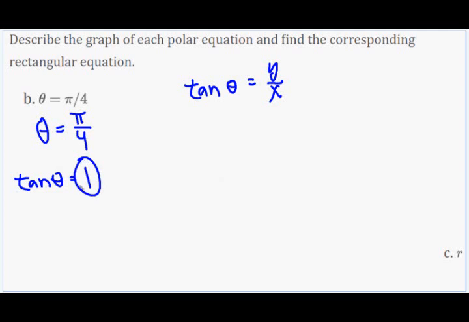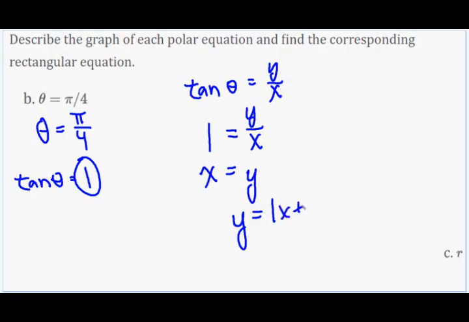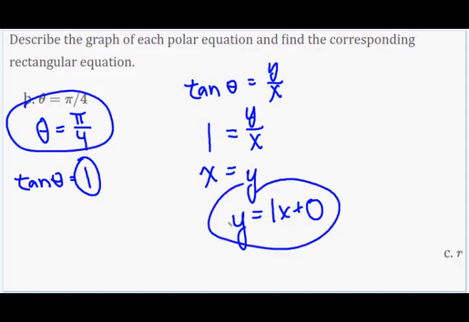So we're going to turn this tangent into a 1. 1 is equal to y over x. If I want to get y alone, I would multiply both sides by x. So y is equal to x, or to put it in slope-intercept form, y equals 1x plus 0. So we started with our polar equation, and here's our line.